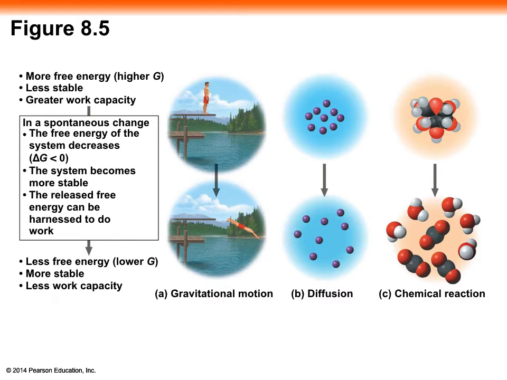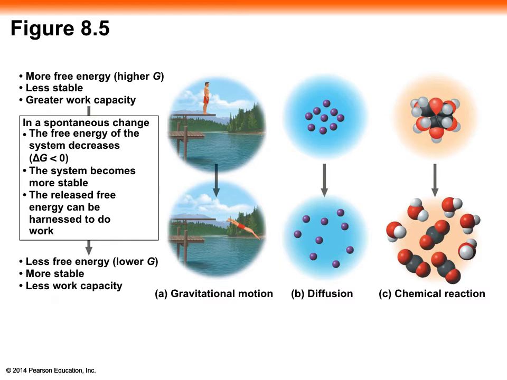The person at the top of the diving board, or once they're at the bottom of the lake? The answer is at the bottom of the lake. That person is significantly more stable. At the top of the diving board, the person is much more unstable.